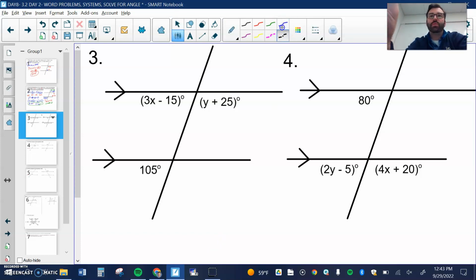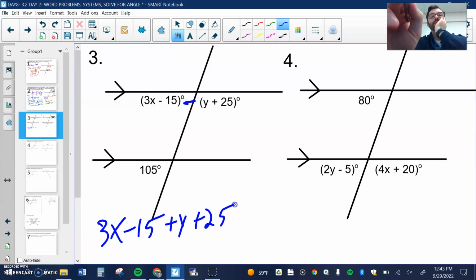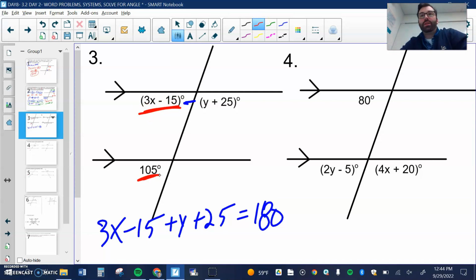All right, so I got x's and y's in the same problem. I could use a system, but guess what? I don't have to. I can recognize that these two are supplementary first. So I could do 3x minus 15 plus y plus 25 and set that equal to 180. I can also get another equation because this angle here and that angle there are in the same position.